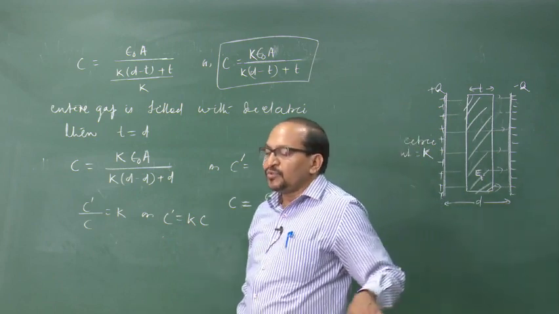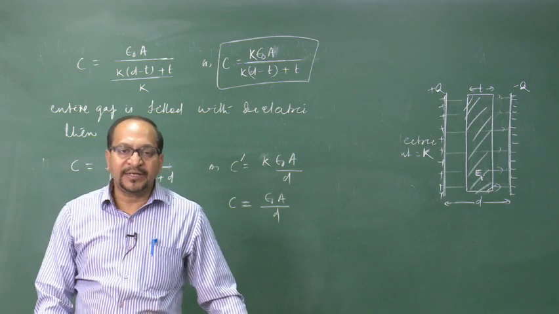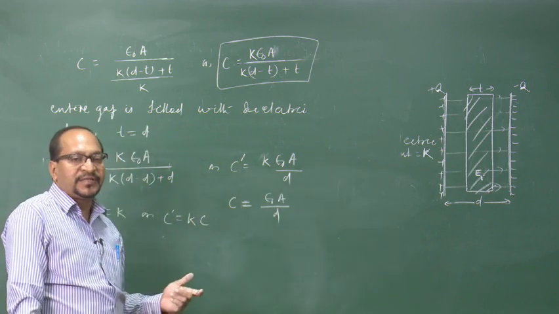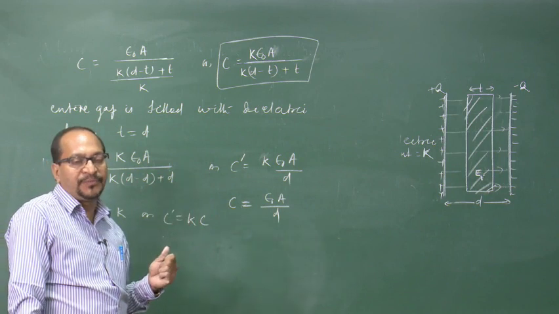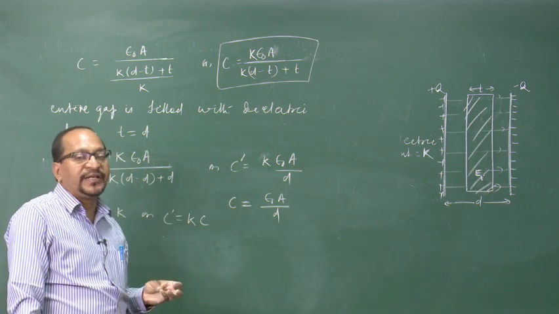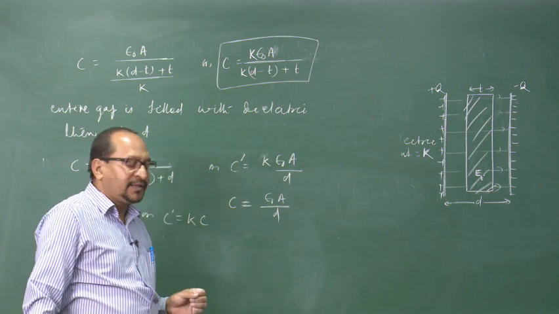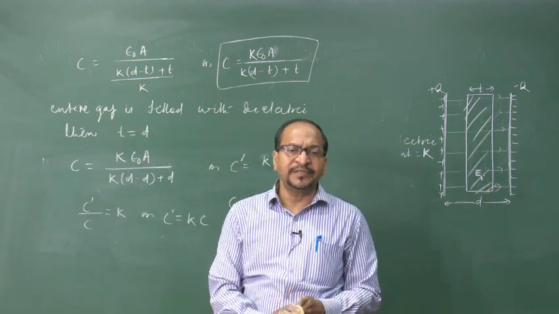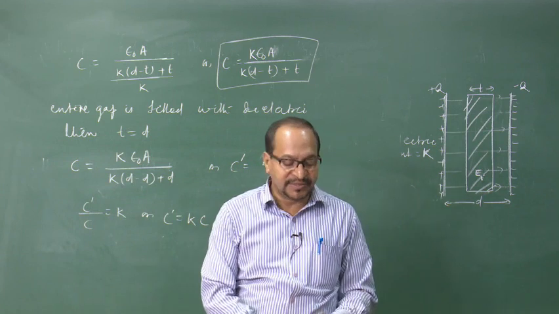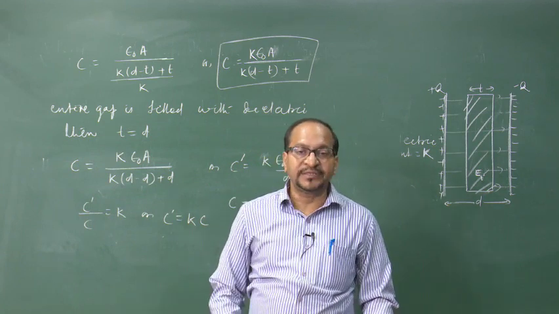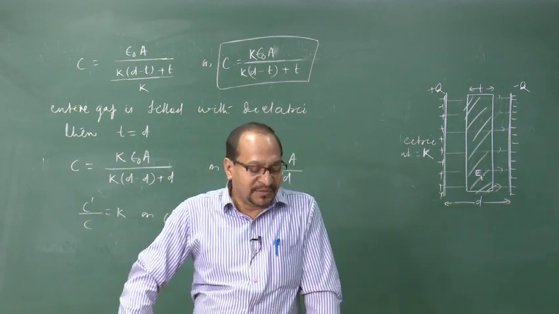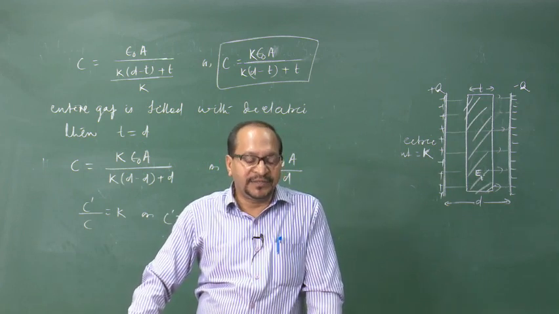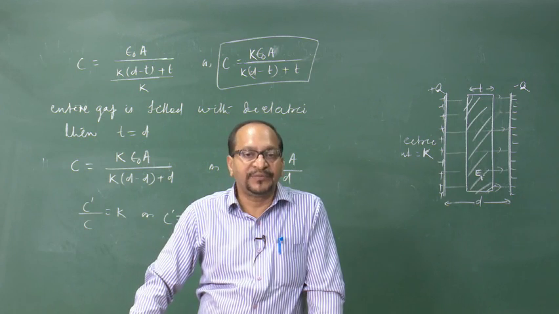So, to have a higher capacitance or a better capacitor, we should fill the gap between the plates of a capacitor with materials of very high dielectric constants. So, always the materials having very high dielectric constants find applications in designing a capacitor. Often we use mica as a good dielectric material between the plates of a capacitor.